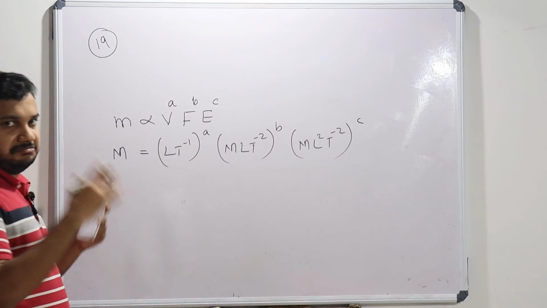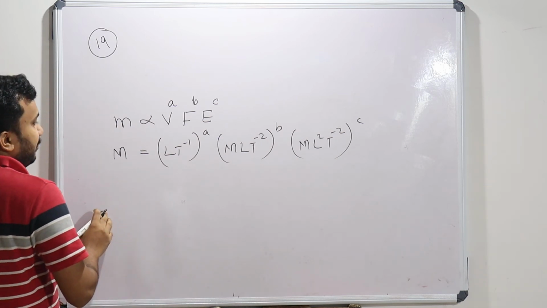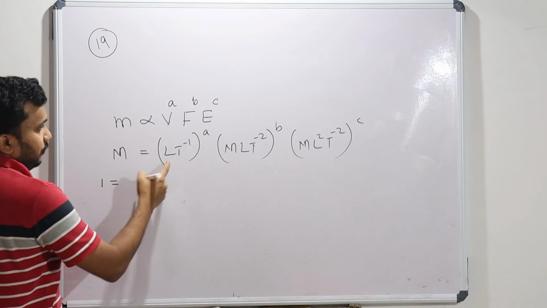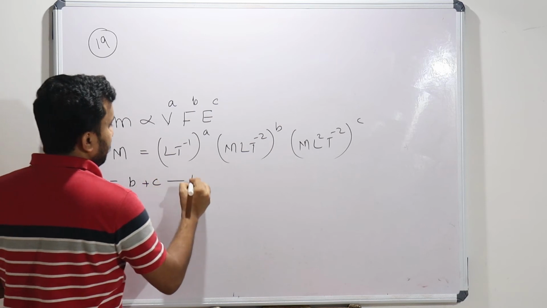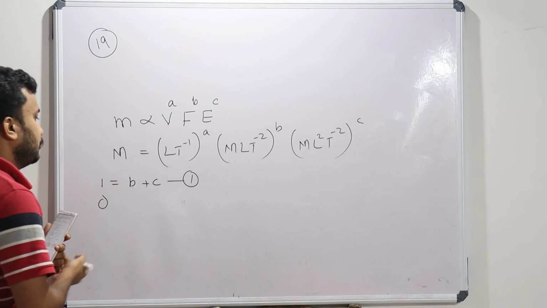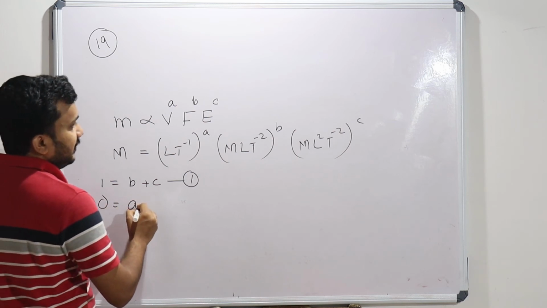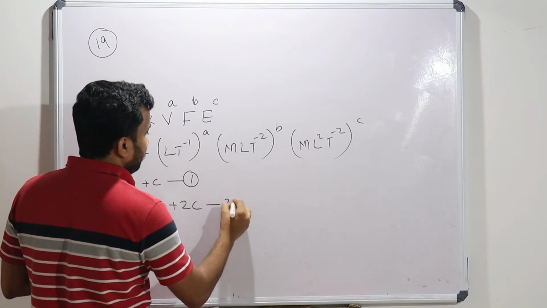As we have done for the previous question, we equate the power of M. What is the power of M? 1 equals, there is M in force and energy, so b plus c, equation number 1. For the power of L, there is no L on the left side, so 0 equals a plus b plus 2c, equation number 2.